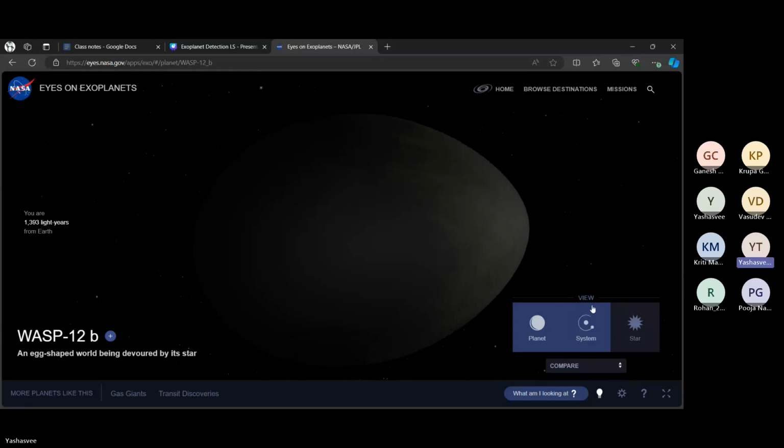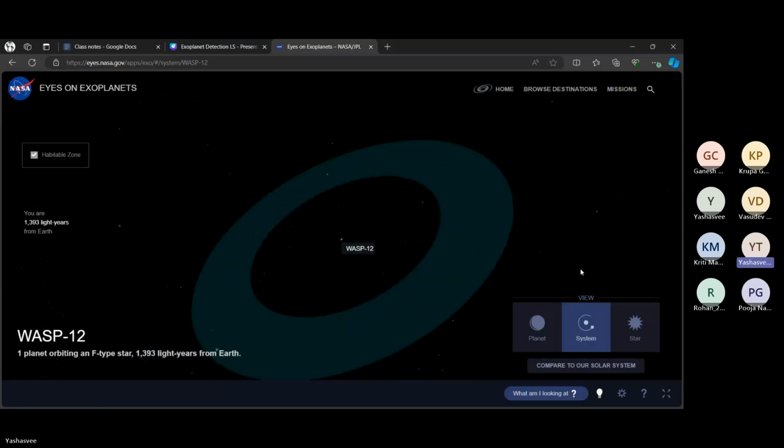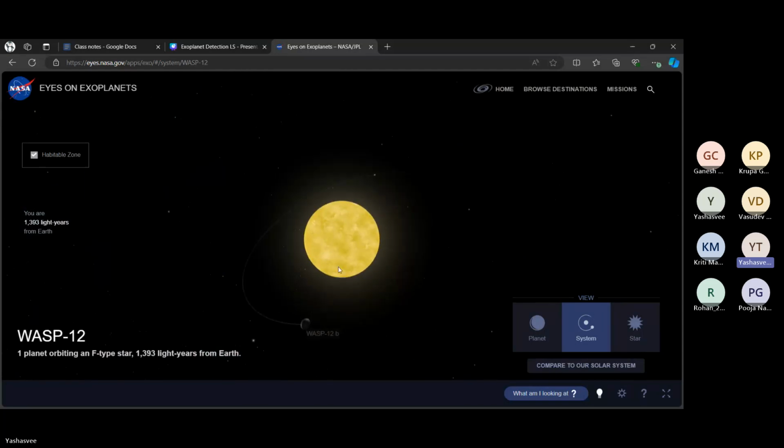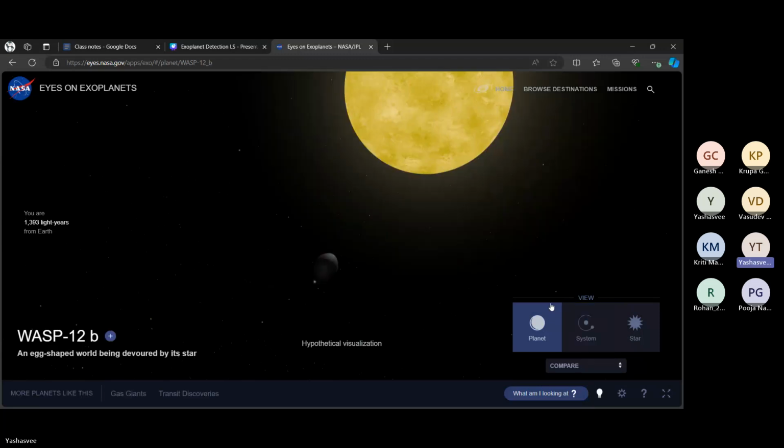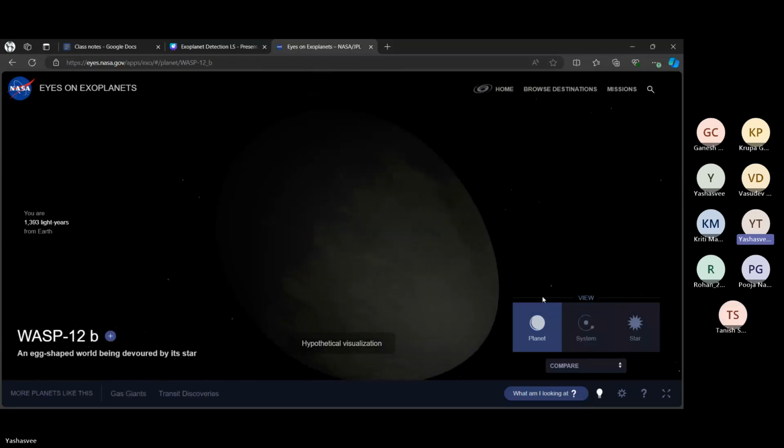And now, if we view its planetary system, we can see that it is very close to its star. And over here, it is also written that it is an egg-shaped world which is being devoured by its star.